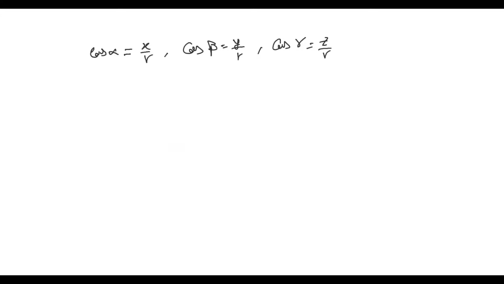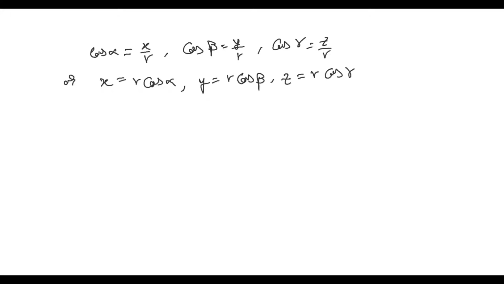Then you can write this as x equals r cos alpha, y equals r cos beta, z equals r cos gamma.